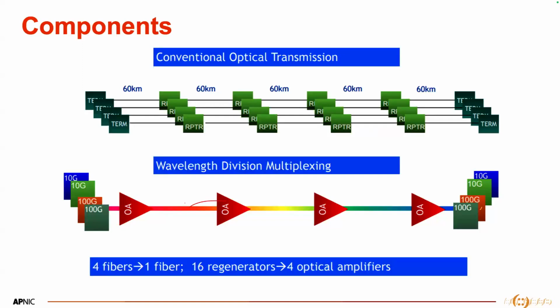So the transmit power for a 100 gig lambda will be a bit different from that of a 10 gig lambda. Again, the transmit power of a 10 gig lambda of vendor A will be different from that of vendor B. Point number one, it will be different. Point number two, how much can we increase the transmit power?